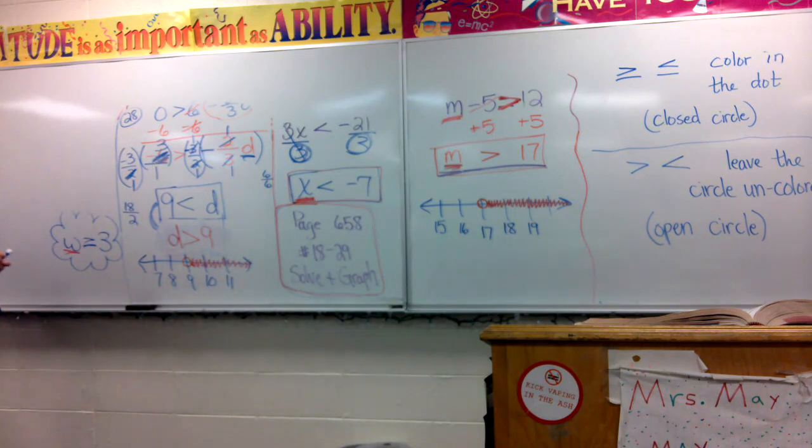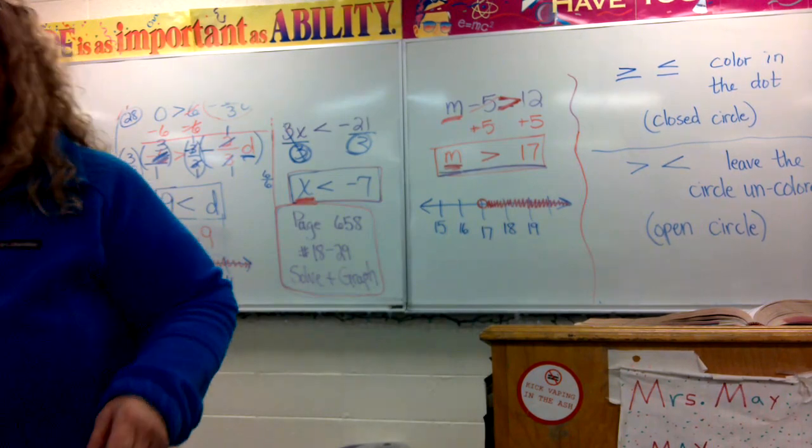How about let's do one like this? x less than or equal to 5. 3, 4, 5, 6, 7. What should I do? How about if I move my camera so I can see what I'm doing?